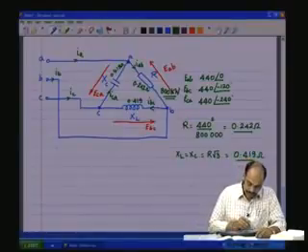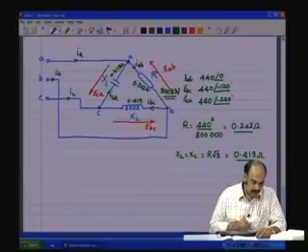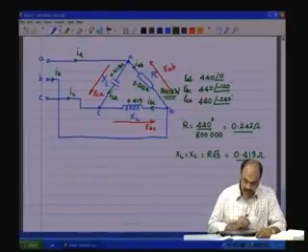So, now if we look at the current through each of these.